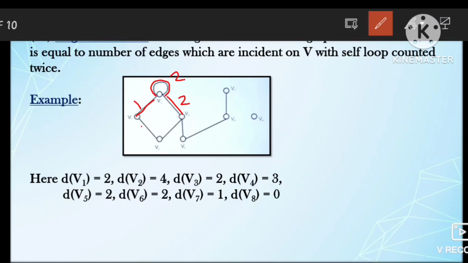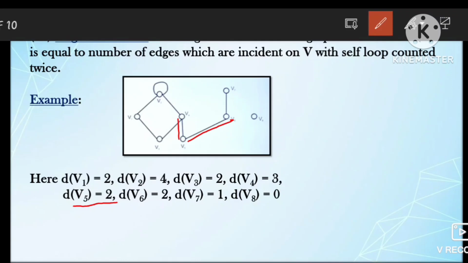On adding these, the degree of the vertex V2 will come as 4. Now for vertex V3, we can see it is joined by this and this edge only, so it will have degree 2. Now V4, it is joined by this edge and this edge, so it will have degree 3. Now for V5, it is joined by this edge, so it will have degree 2.